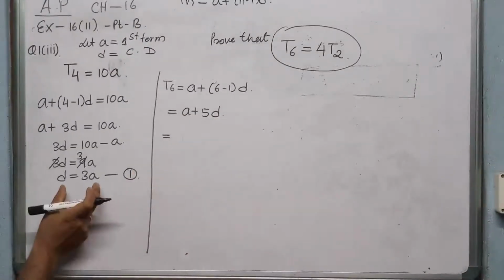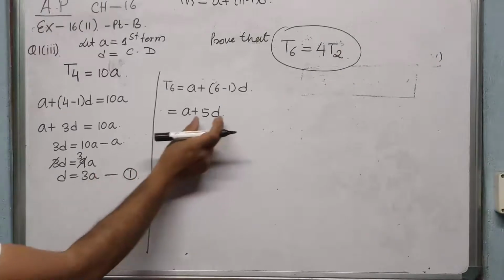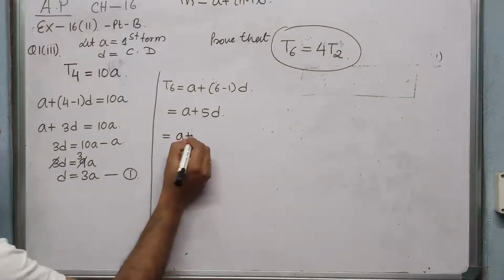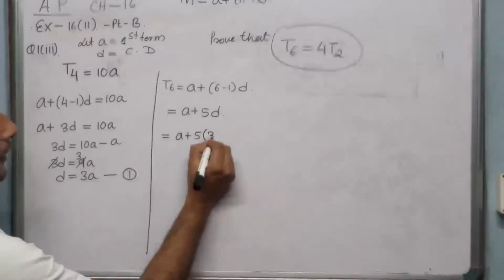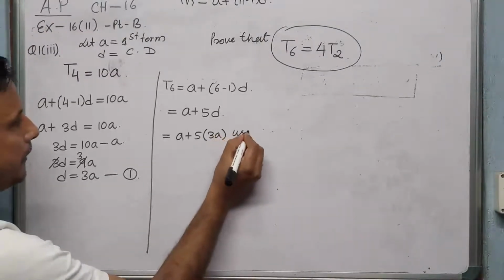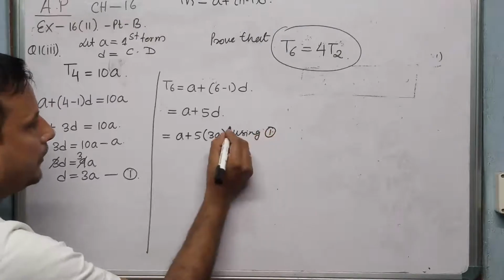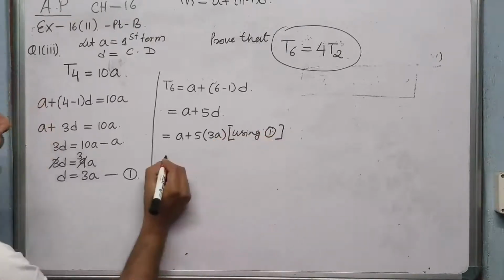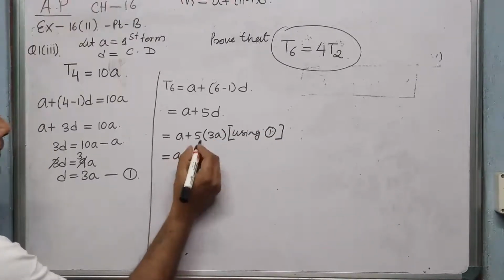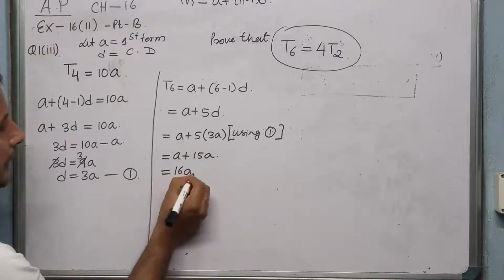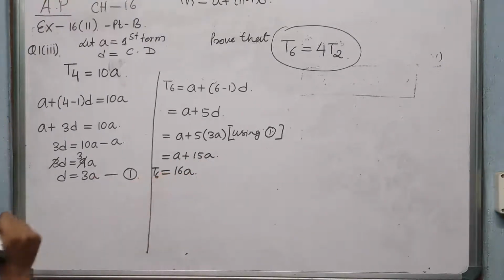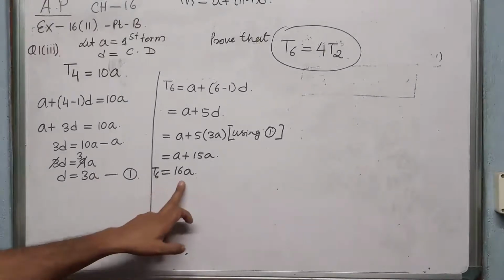Now using equation 1, I'll substitute the value of D over here: A plus 5 into 3A. 5 threes are 15A, so it is 16A. Thus the sixth term is 16A.